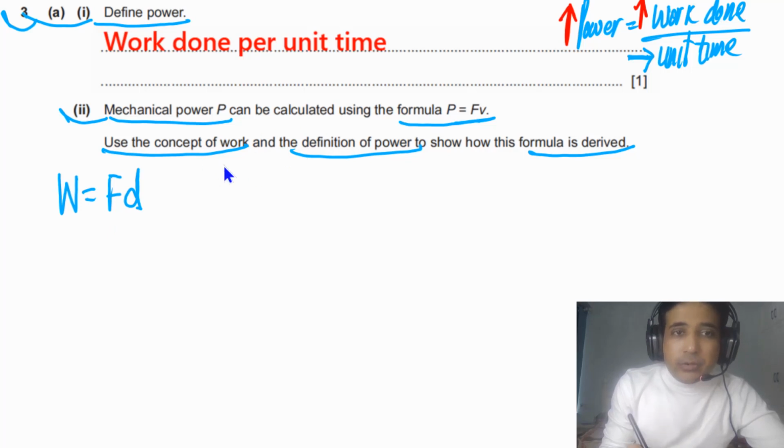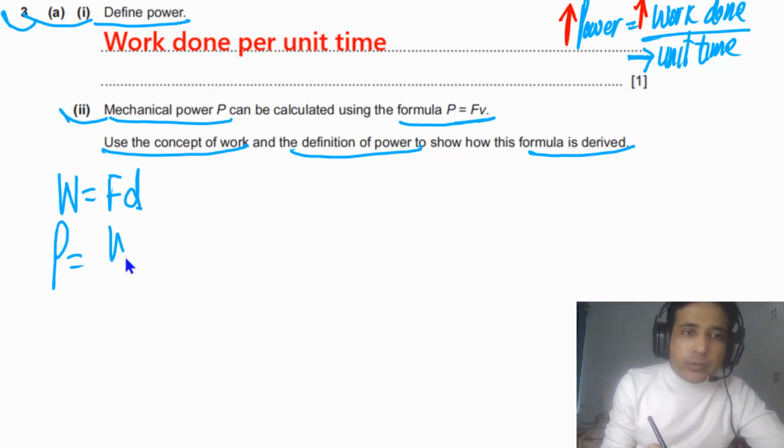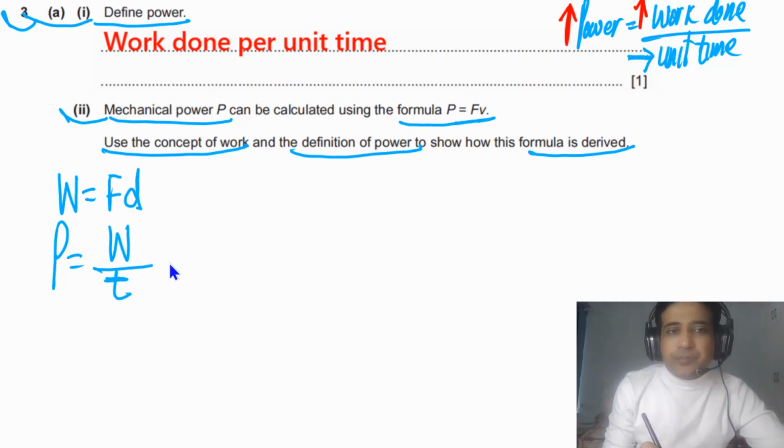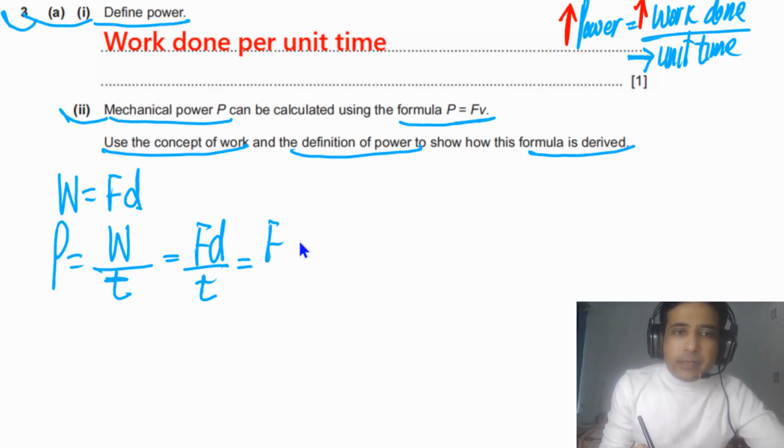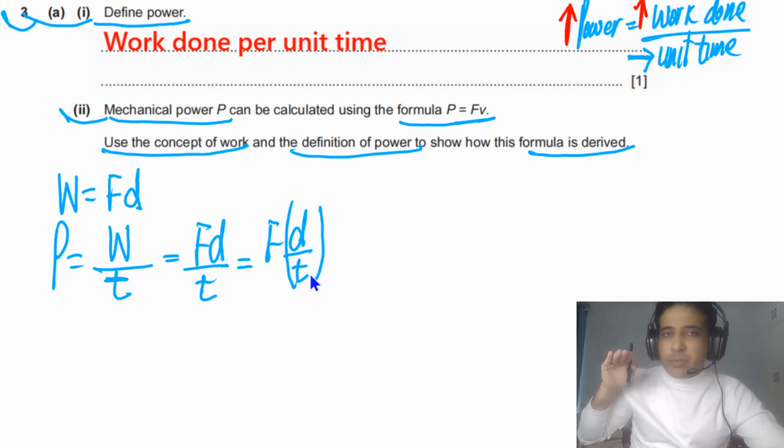Now it is also given to us, we have to use the definition of power. So we can write power is equal to work done per unit time, or you can say work done over time taken. And so we can replace W with Fd. So this is Fd divided by t. And in this case, d over t is the speed, where d is the displacement in direction of force.